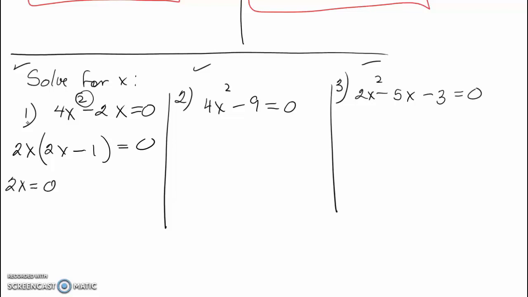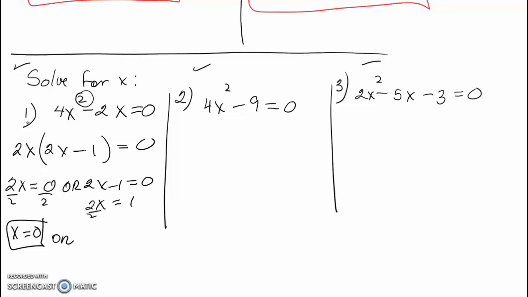I get 2x equals 0 or 2x minus 1 equals 0. Divide by 2, and of course x is 0 on the left, or I get 2x equals 1, divide by 2, x equals 1/2, and those are your 2 solutions.